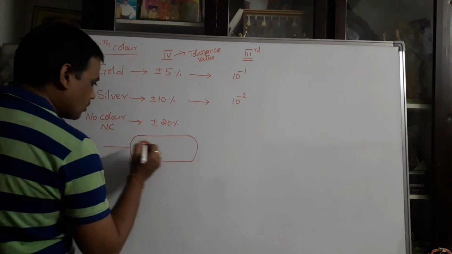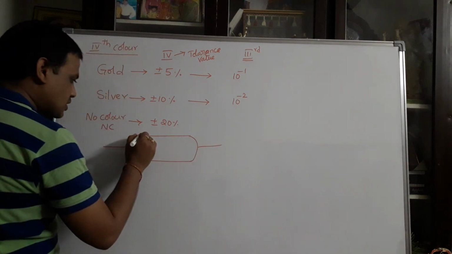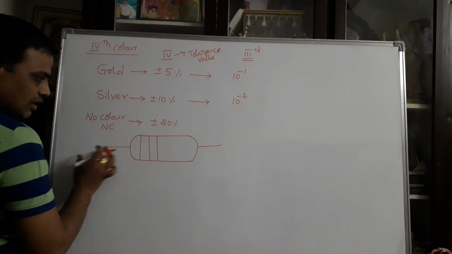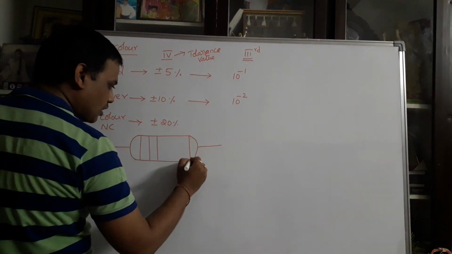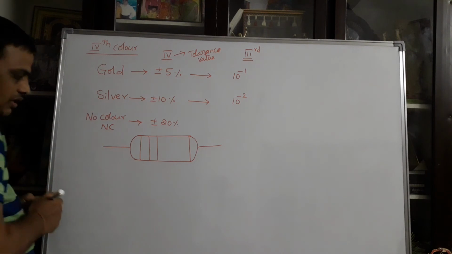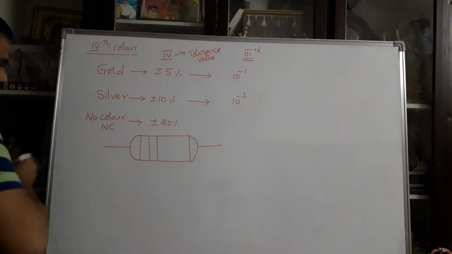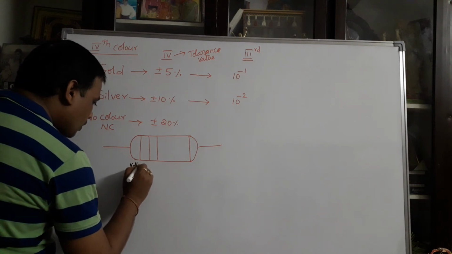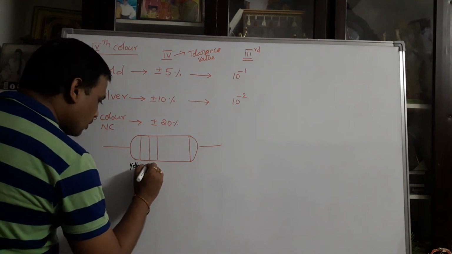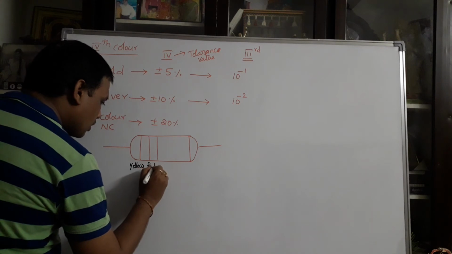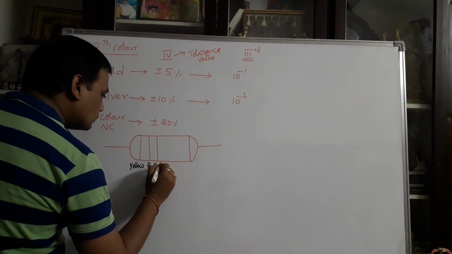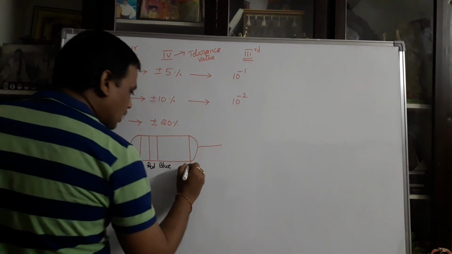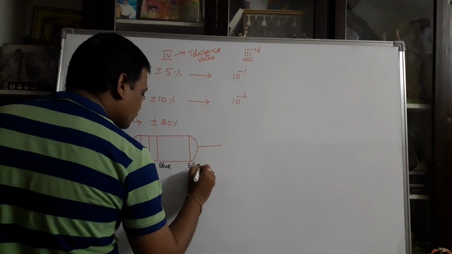So a carbon resistor consists of a complete four bands like this. The starting three bands are on the left side, and the fourth band is on the right side. What are the colors given? Here the first color is yellow, the second color is red, the third color is blue, and the fourth color is silver.